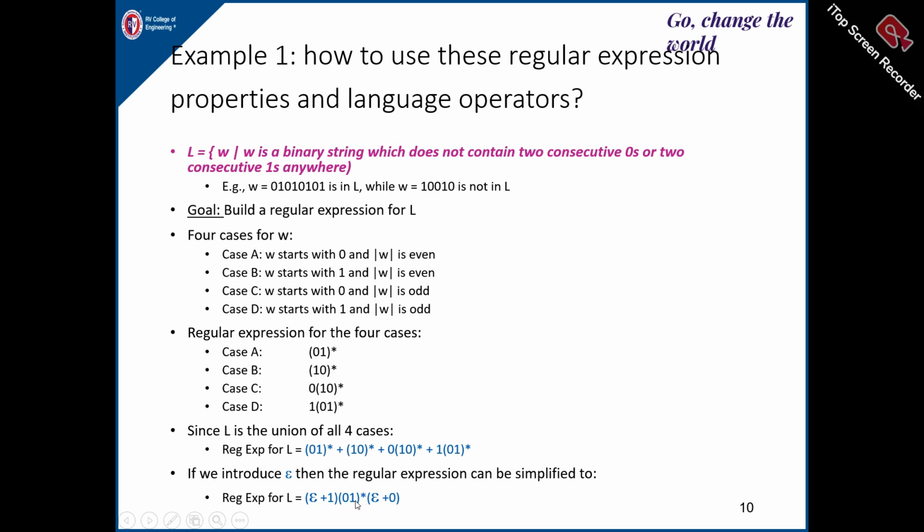If it ends with 1, then for this part I will take epsilon. If it ends with 0, I will take 0. So (epsilon plus 1)(0 1) whole star (epsilon plus 0) will be the final regular expression for this language. Thank you.